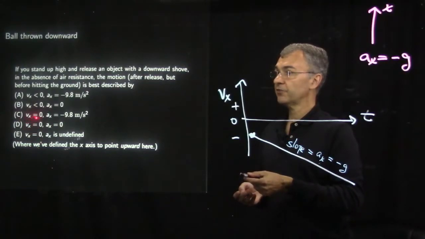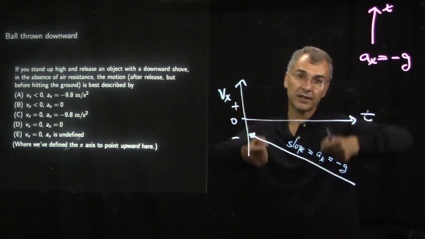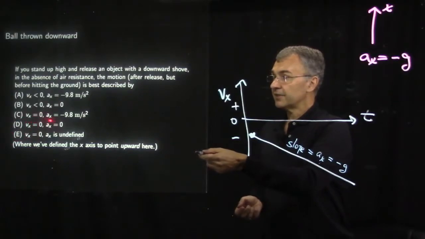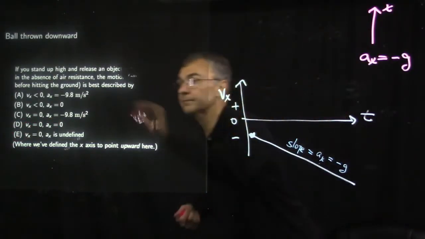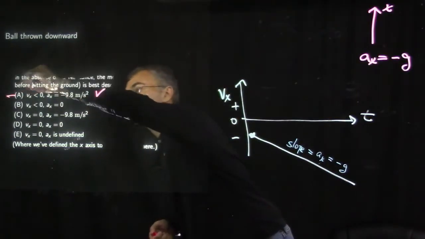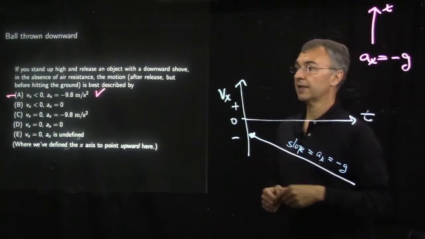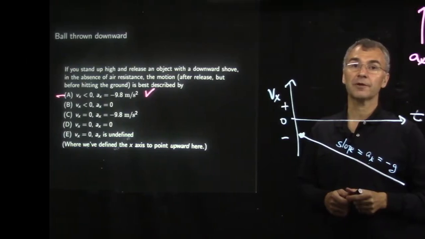And I don't like c because v sub x is certainly not 0. It's moving downward and then it's moving downward more and more and more quickly. I don't like d for the same reason. So I think I like a here. Alpha. So v sub x is less than 0 and a sub x is minus 9.8 meters per second squared.